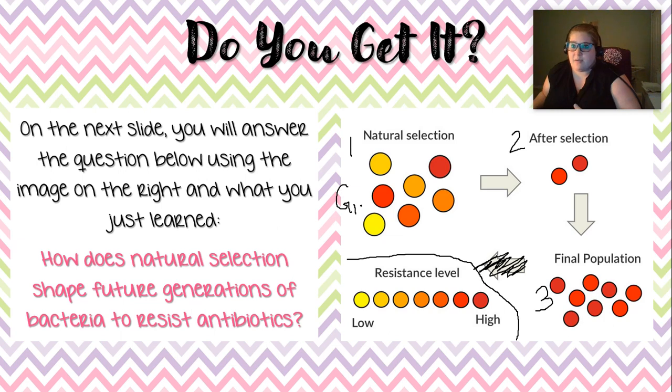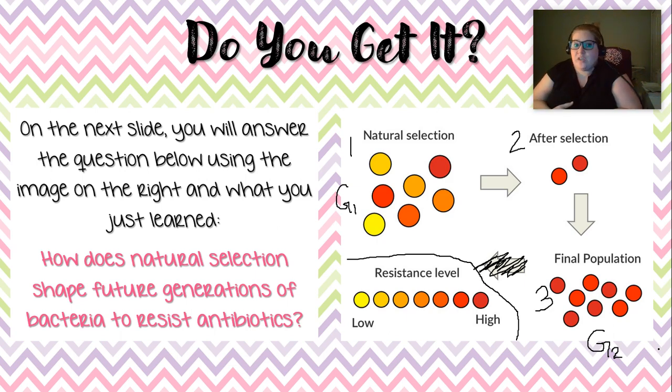Generation number 1, that's that initial population of bacteria. They get exposed to antibiotics. The ones that are strong survive, the ones that are weak die. You're left with the strong population. They reproduce, and you end up with generation number 2.